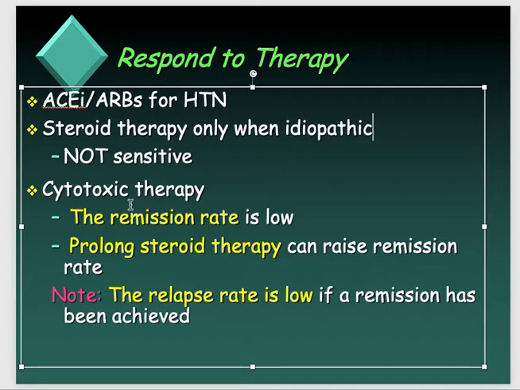So the treatment, by the way, which is usually used for these patients is calcineurin inhibitors, right? So we can give them calcineurin inhibitors, okay? But most of them end up in kidney transplant, okay?